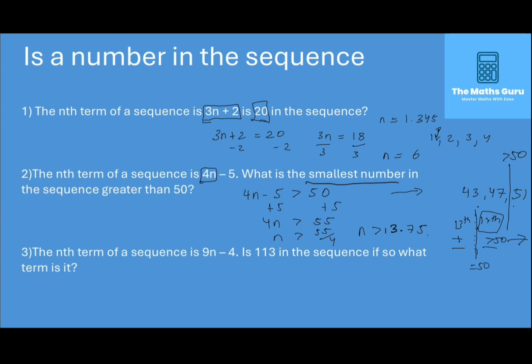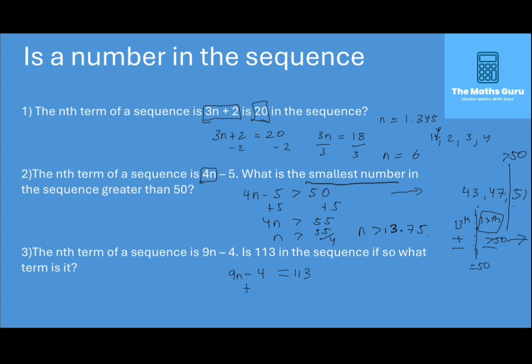Looking at the third question, the nth term of a sequence is 9n minus 4, and we want to work out, is 113 in the sequence? If so, what term is it? Okay, so similar to the first question, we equate the two, and if 113 is a value in our sequence, then we will be able to solve the equation and get a whole number for n as a recognizable term in the sequence.